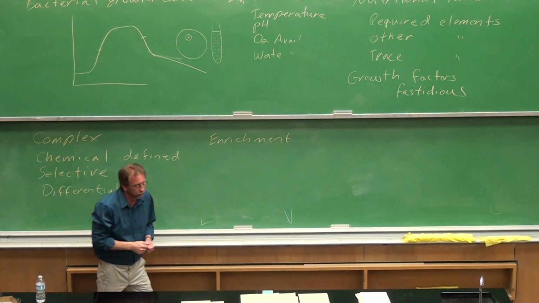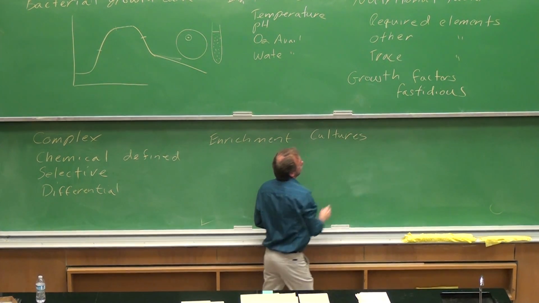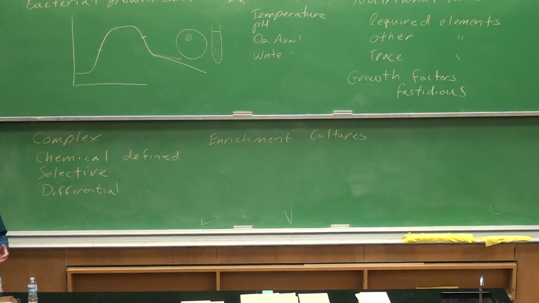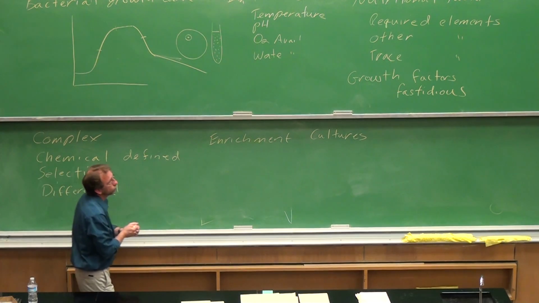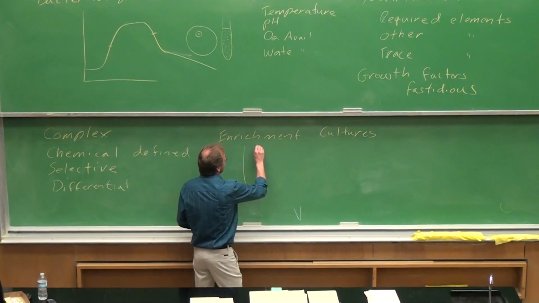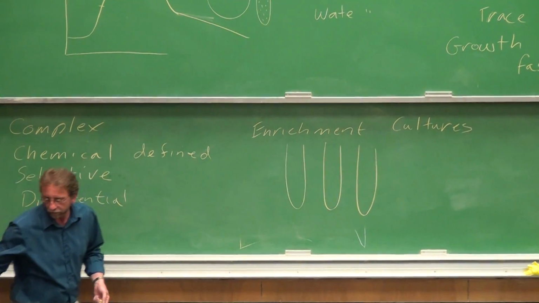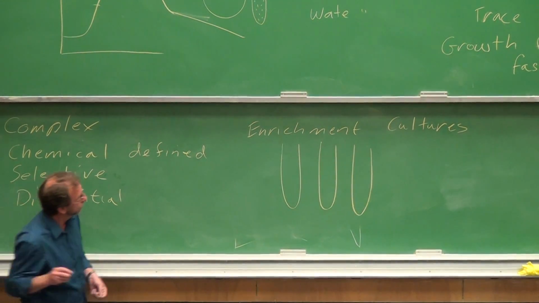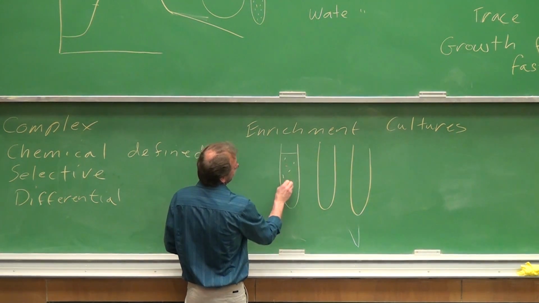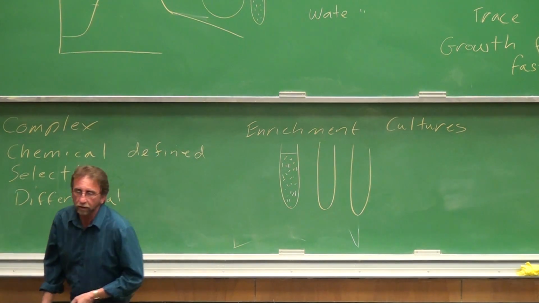There also may be a need for enrichment cultures. Enrichment cultures will allow us to hopefully grow and isolate microbes that might be in small numbers. Essentially, imagine I set up three tubes here, and initially the microbe I'm interested in, maybe there's only one microbe per mL.